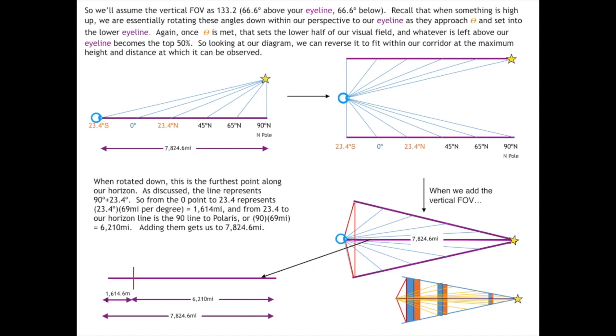The red line represents that vertical line dropped along from that 66.6 degree triangle along 23.4 degrees, dropping it down perpendicular to the eye line.